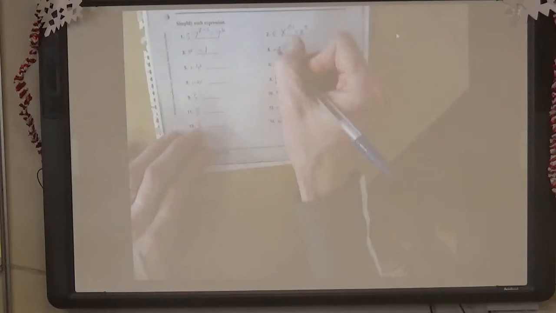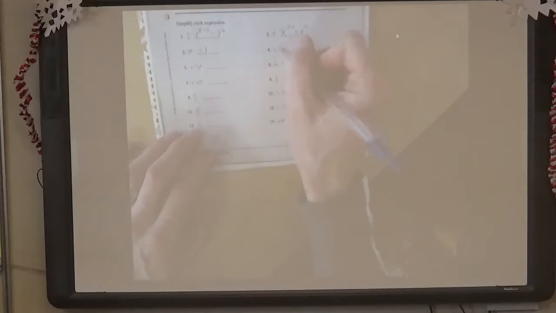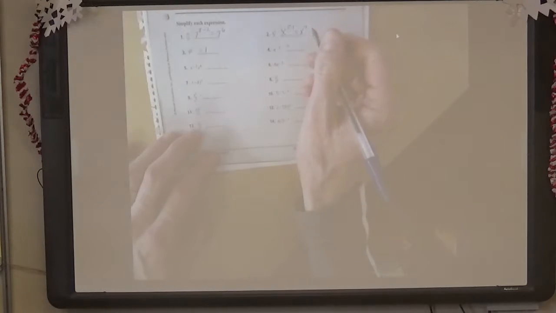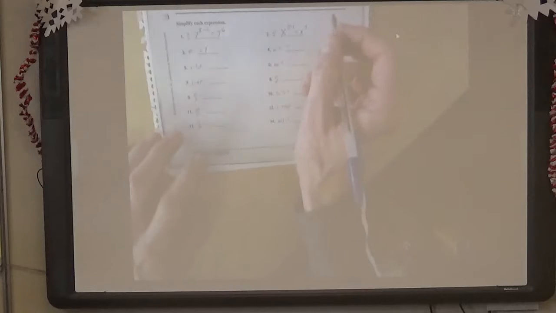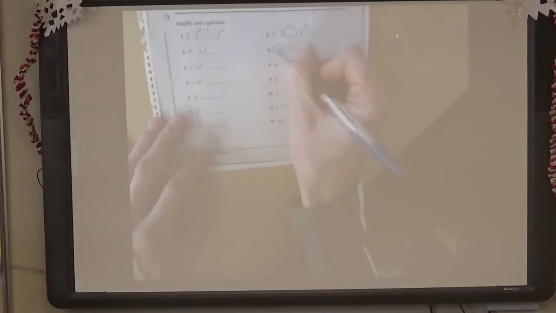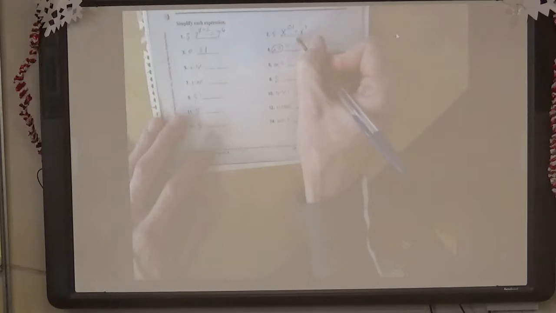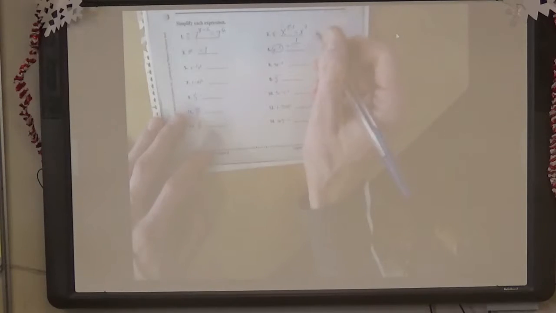How about n to the negative 3rd? Remember what a to the negative 2nd was? So what we do is we write this as 1 over n to the negative 3 or positive 3?